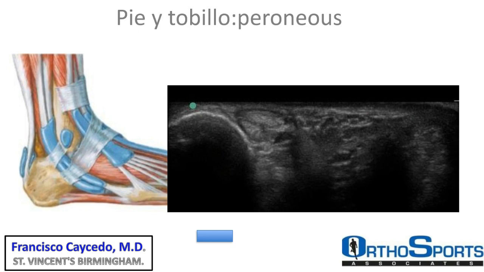Remember, in the ankle and the foot, anatomic variants are very common. So before we call pathology, or something abnormal, it's better to compare with the contralateral side.